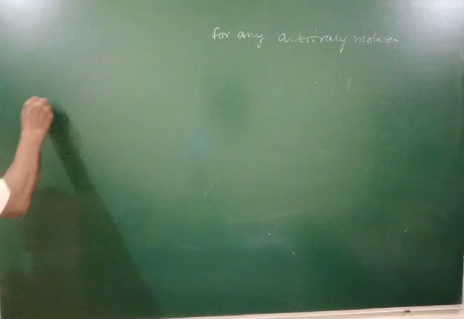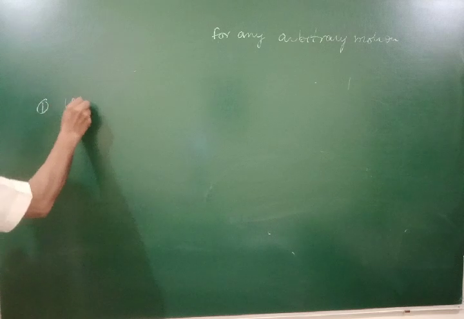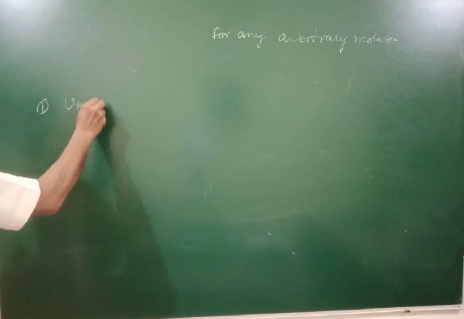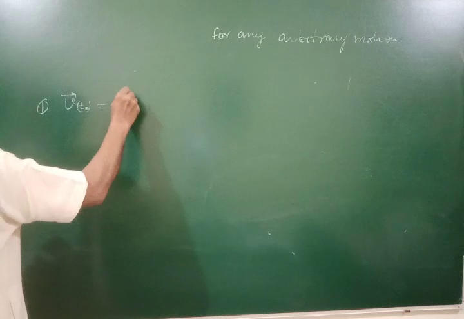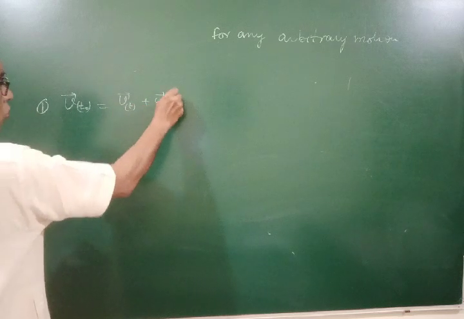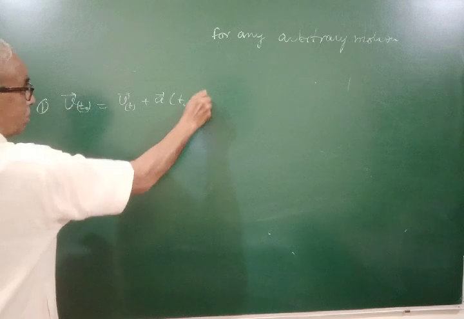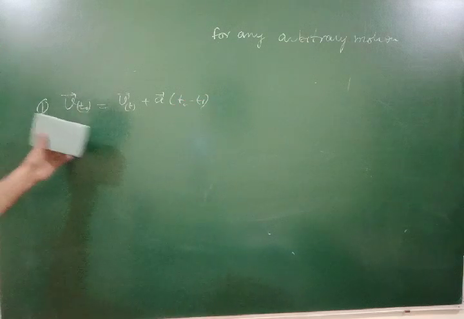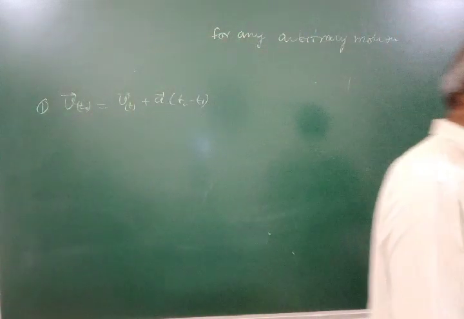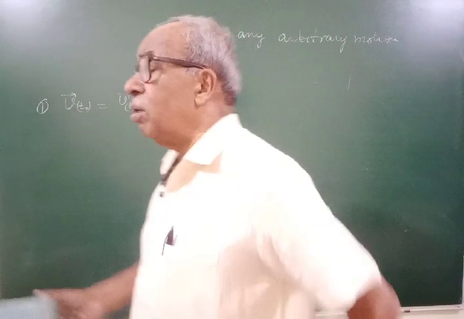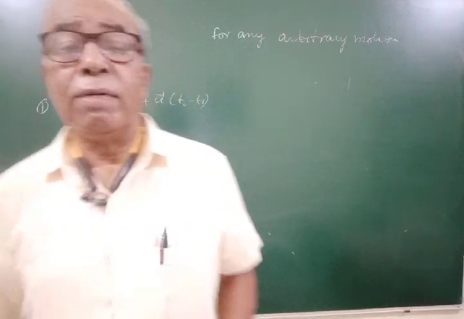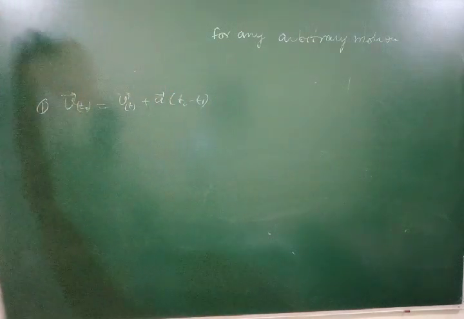Okay, the first one is v(t2) is equal to v(t1) plus a into (t2 minus t1). What do you think? Will it be true for every arbitrary motion? No, it is true only for linearly accelerated motion, constant acceleration.